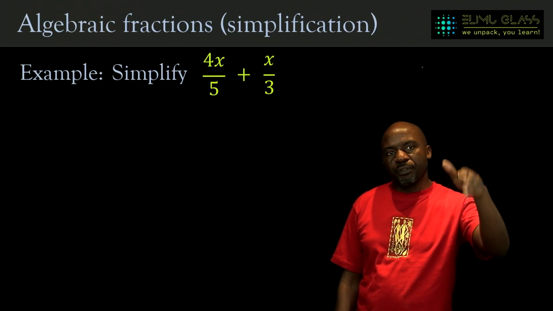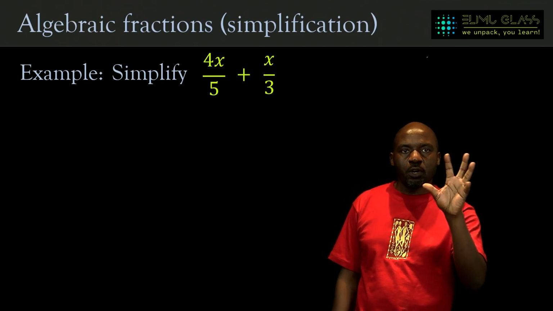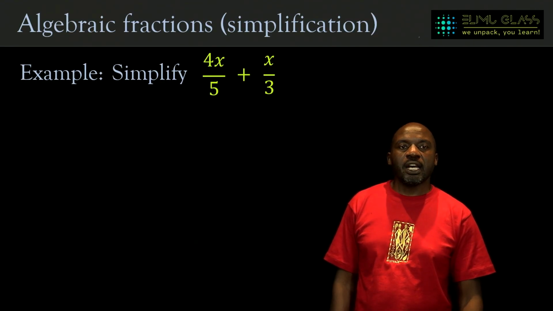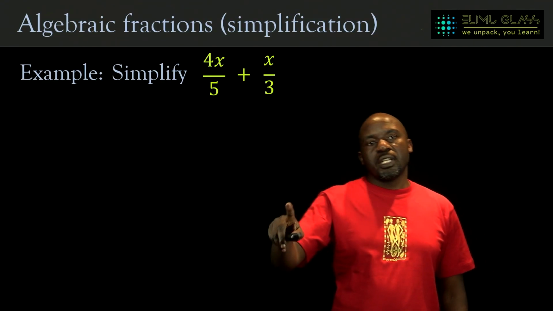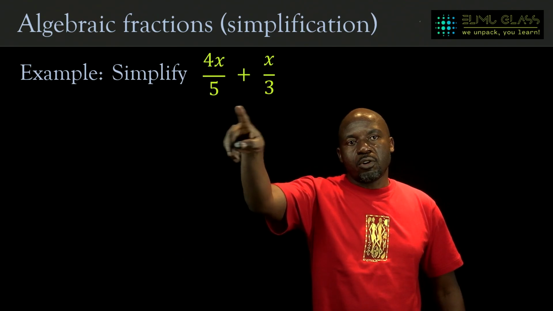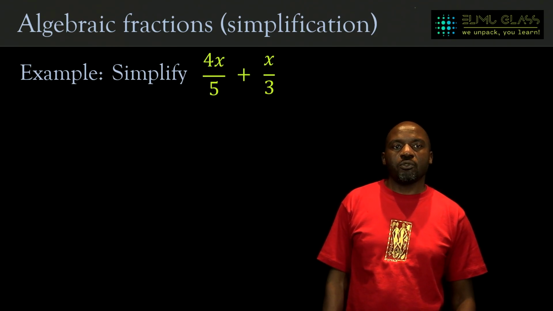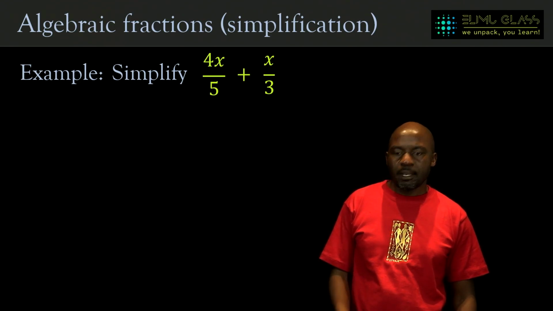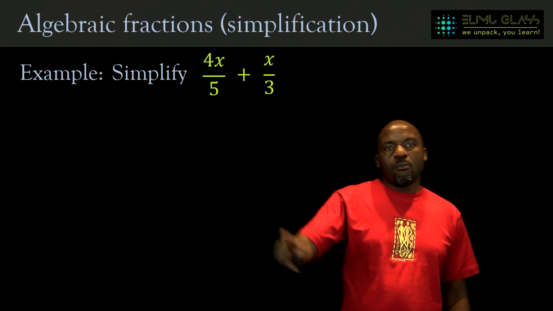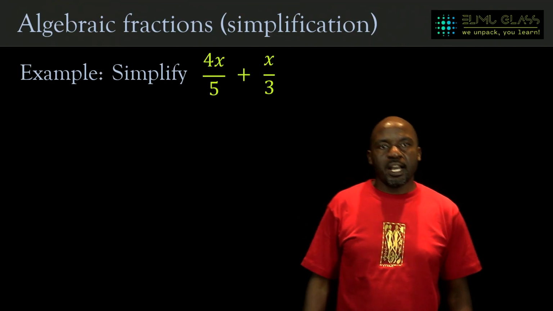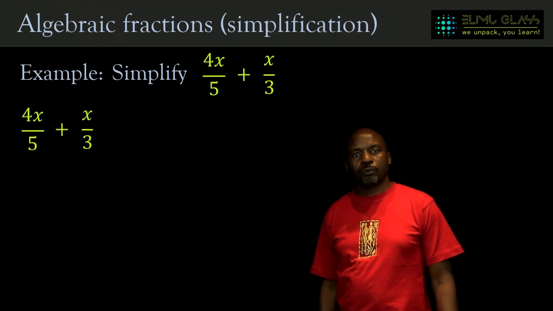So this is simplification of an algebraic fraction. Can we combine them so that they are under one denominator? And the answer is yes. Now, of course, these are unlike fractions because the denominators are not the same. So the first task usually is to ensure that the denominators are the same, by multiplying this by 3 over 3 and that by 5 over 5, like so.